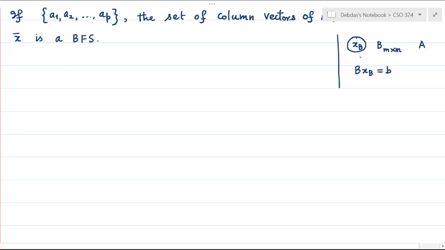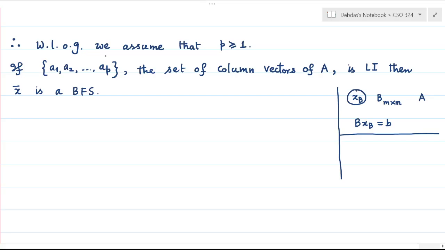We just have to show there exists one m by m submatrix which is non-singular, and this submatrix is a submatrix of the matrix capital A. And how do we construct it? The construction is the following. That construction is already given in the last day's proof, when we were proving that any extreme point is a basic feasible solution. Let me repeat once again. Here you notice that a1, a2, ap is linearly independent. Then we are claiming that it is a basic feasible solution.